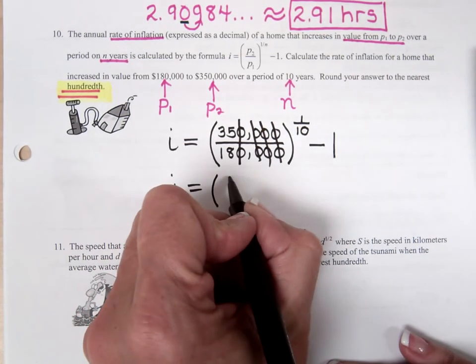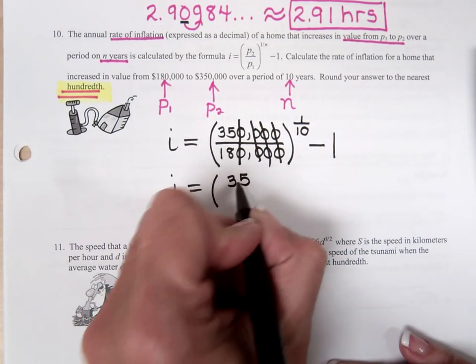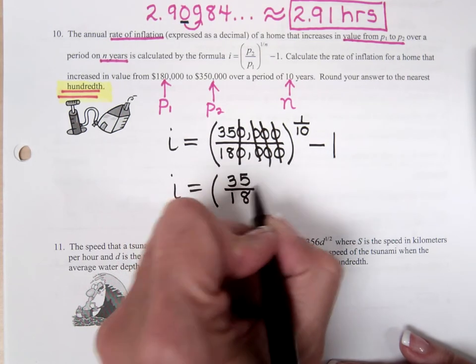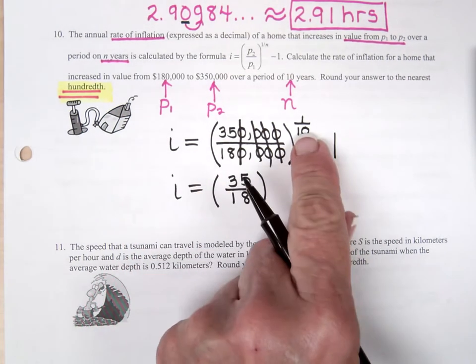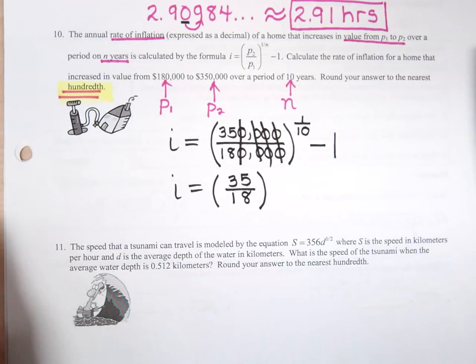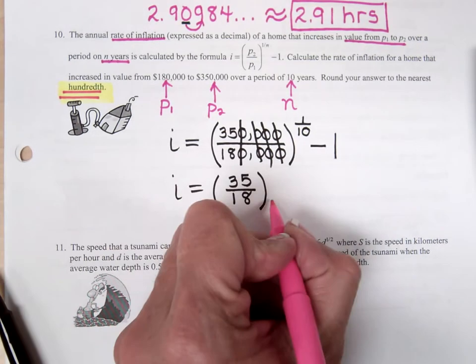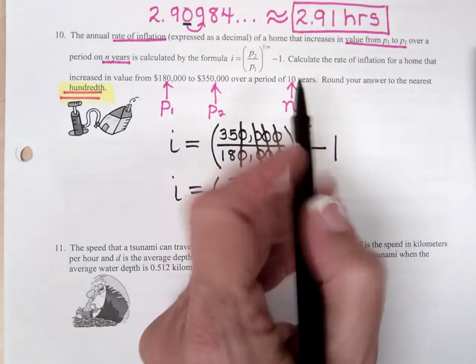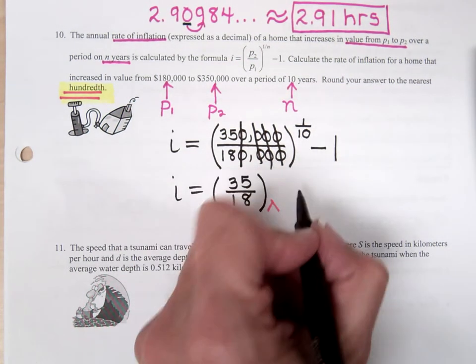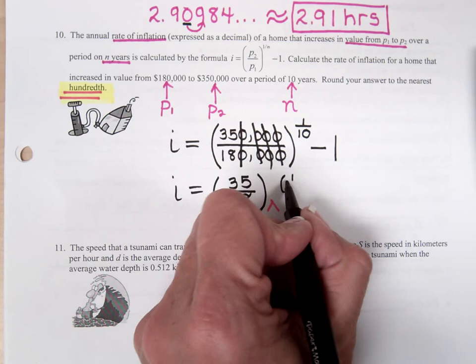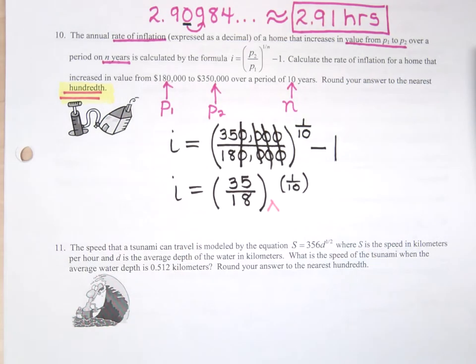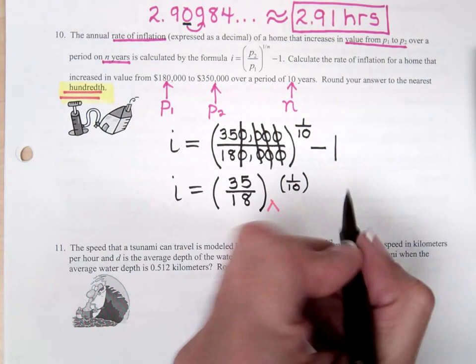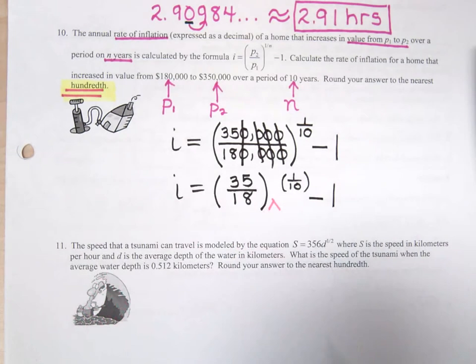So let's just type this in. And then remember what I said, you might want to put your caret in to remind yourself the next number is an exponent. And it's a fraction, so let's put our fraction bars in to remind us that we need that. And then last but not least, subtract 1. So we are ready to put that in the calculator.